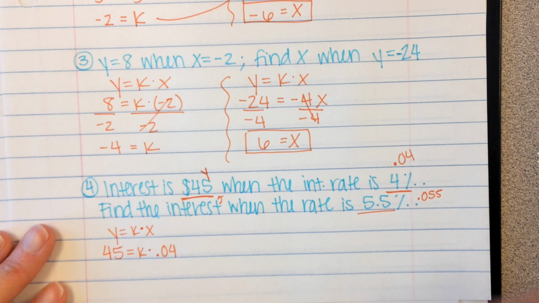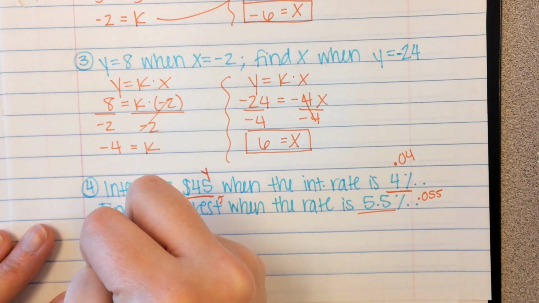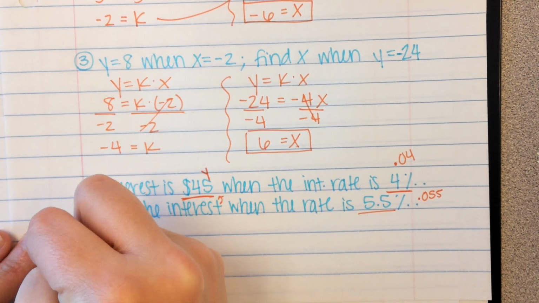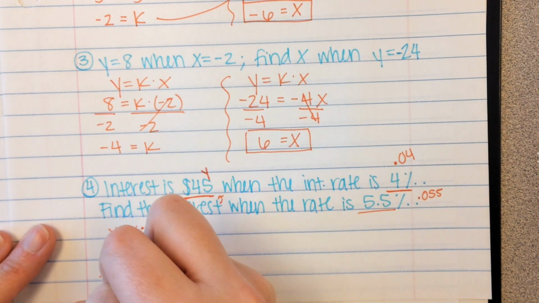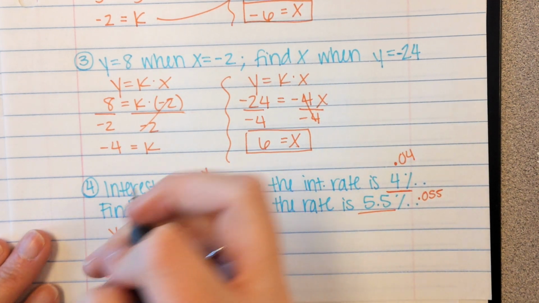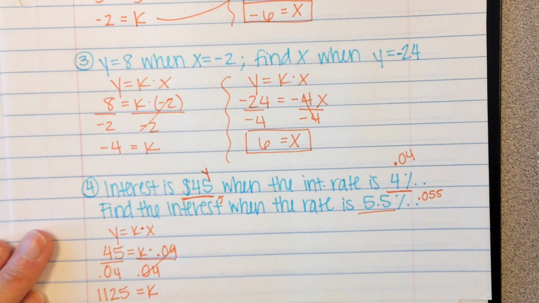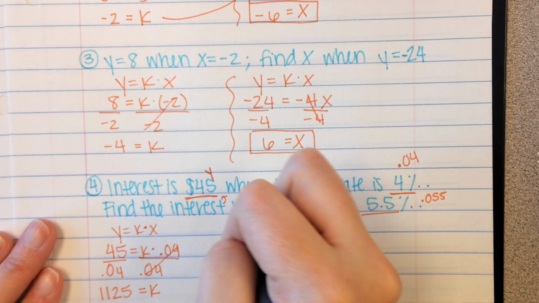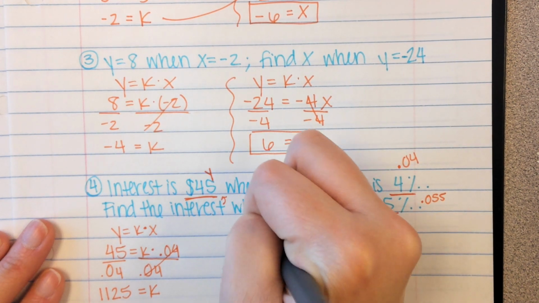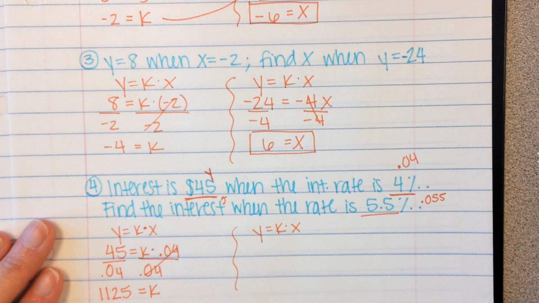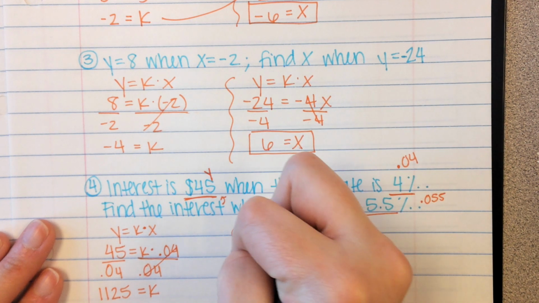So how do we solve for k? We divide by 0.04 on both sides, and we get 1,125 for k. All right, now we're going to draw our little line. We're going to do the same thing over here, but we're going to use some different numbers. This time we don't know what y is. That's what we're wanting to find.